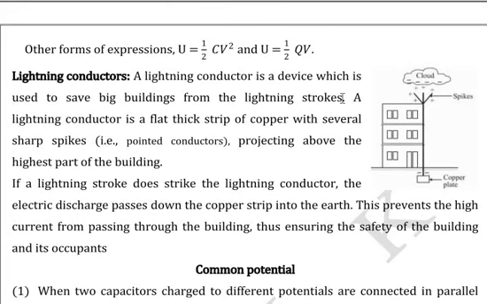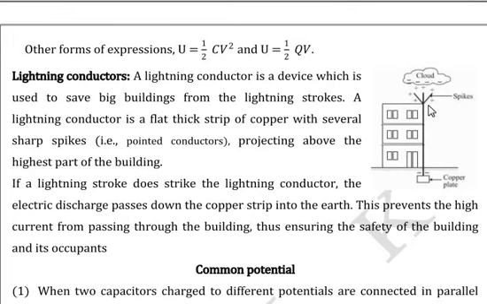So when you have tall buildings, there is always a danger of these charges flowing through the building to the earth. So in order to avoid that, you will have these spikes connected to the top of tall buildings.